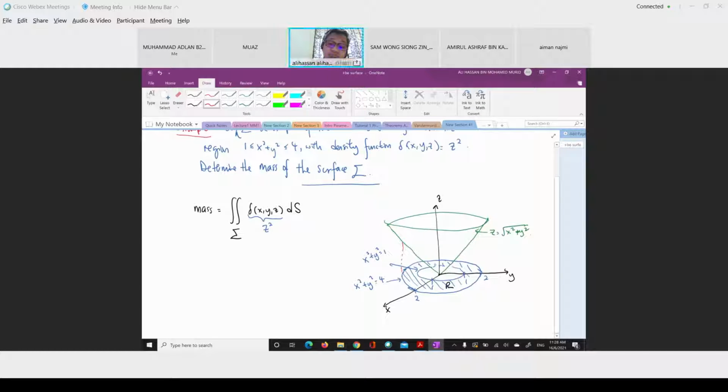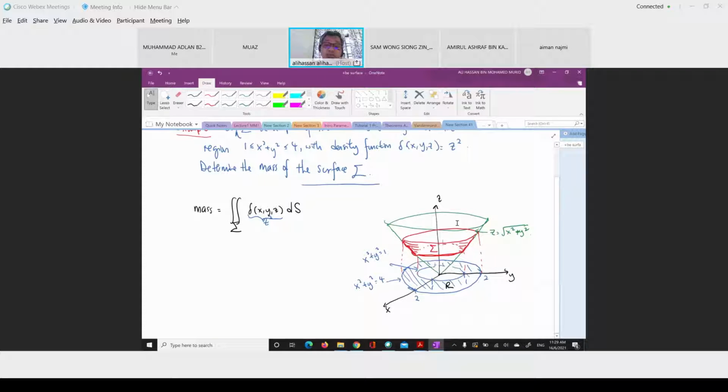It has this shape actually. So this is sigma, the surface sigma, that part of the cone that's over the region R here.